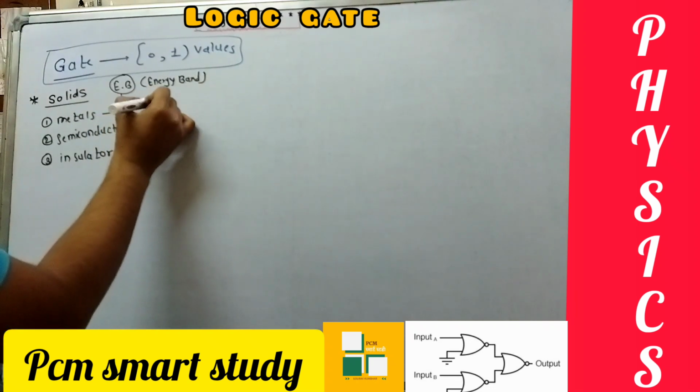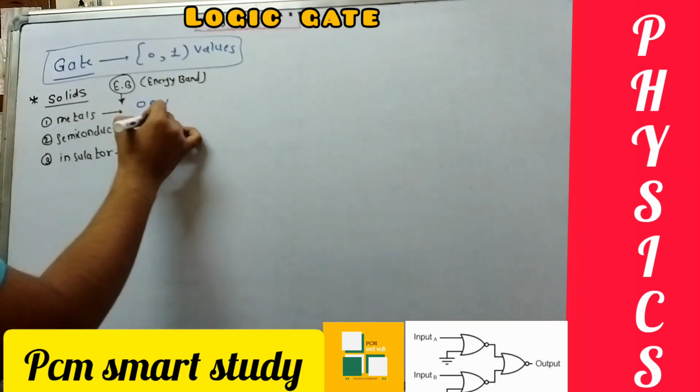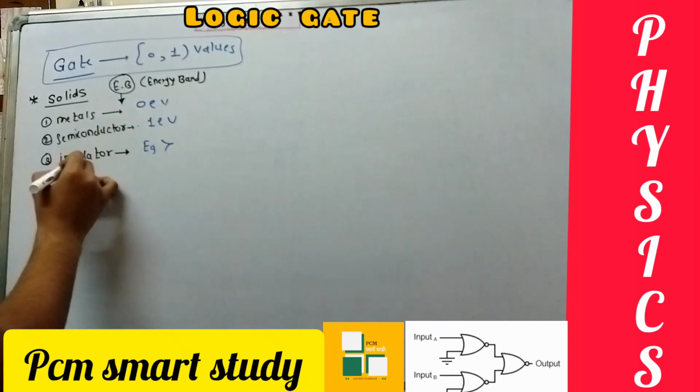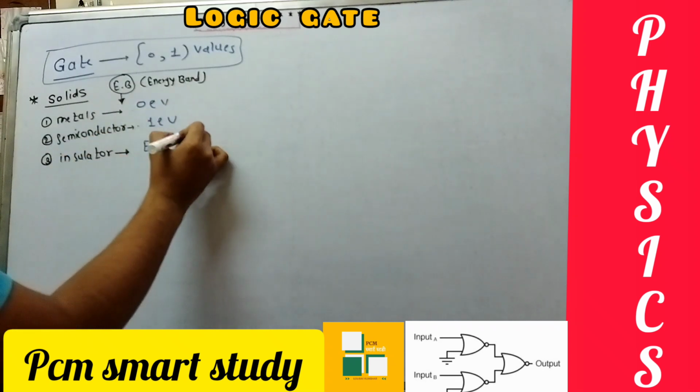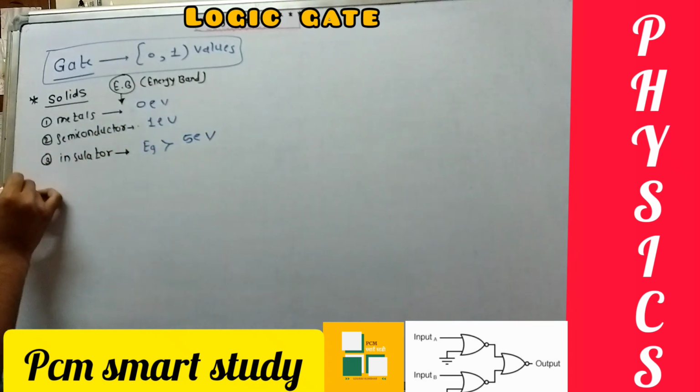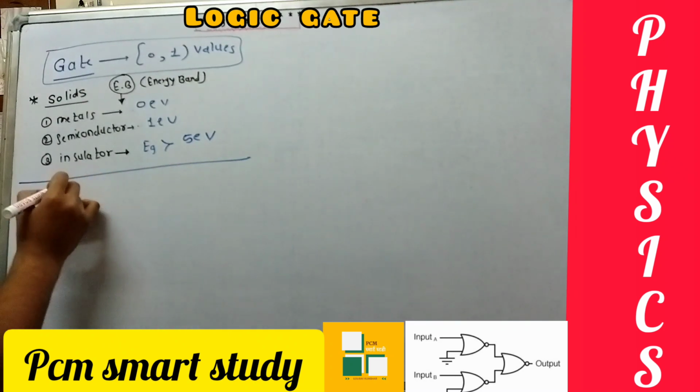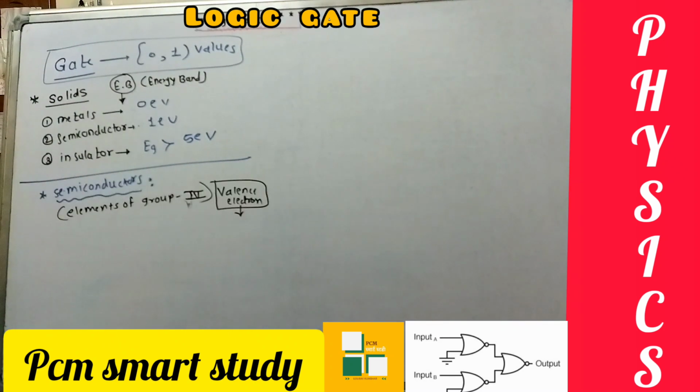Next we move to the semiconductor, which is an element of group 4, and the valence electron is 4. There are two types of semiconductor: intrinsic semiconductor and extrinsic semiconductor.